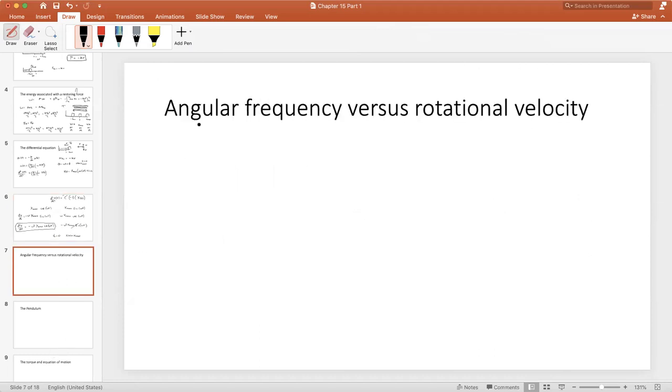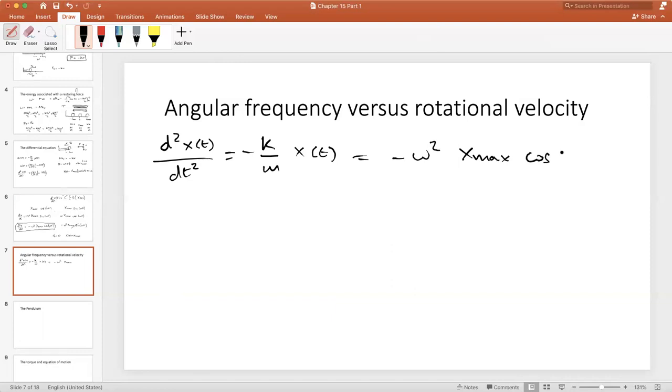So we got that d squared x of t over dt squared was equal to minus omega squared, k over m times x of t, and that was equal to negative omega squared x max cos omega t, right?